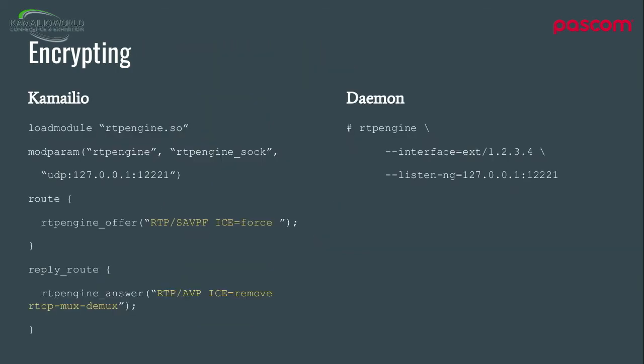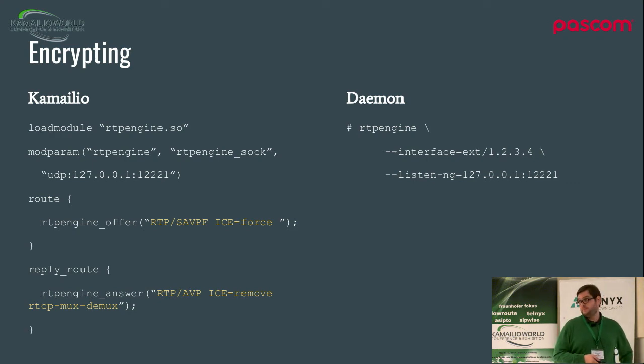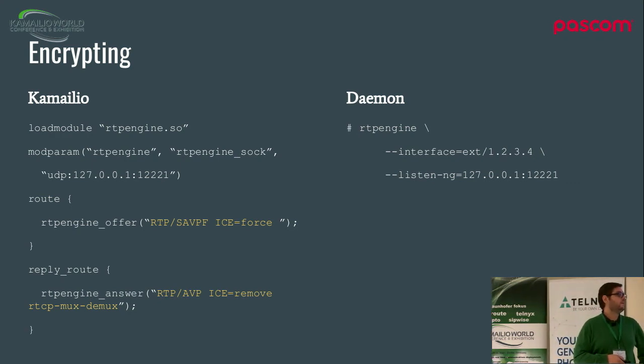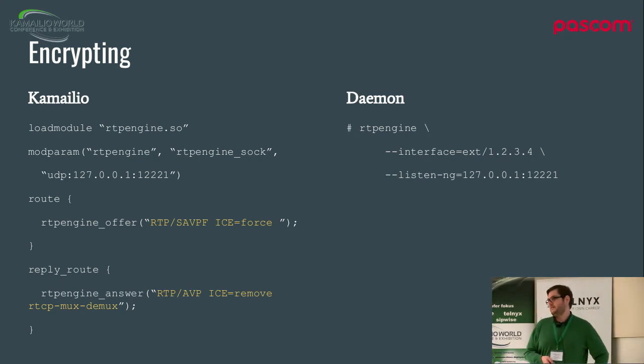And for instance, if you have a scenario where you have a plain RTP client calling a WebRTC client, then in the request you get from the plain client, you initiate a session with RTPEngine, asking it to provide you with an RTP/SAVPF profile, saying, okay, I want to have encryption and I want to have RTCP feedback.